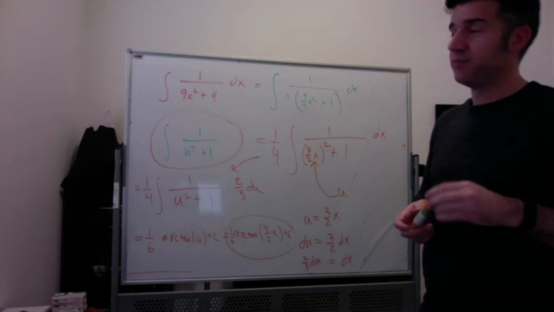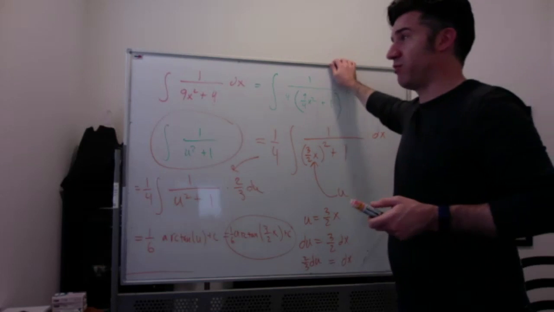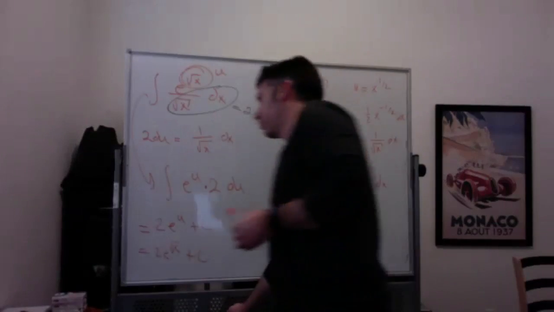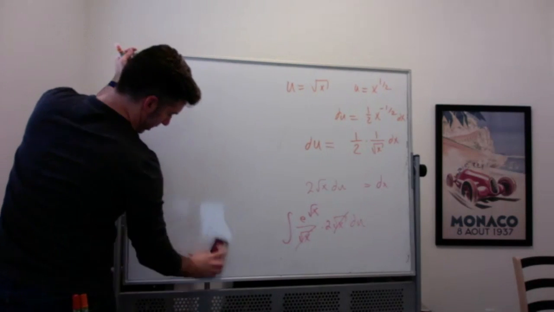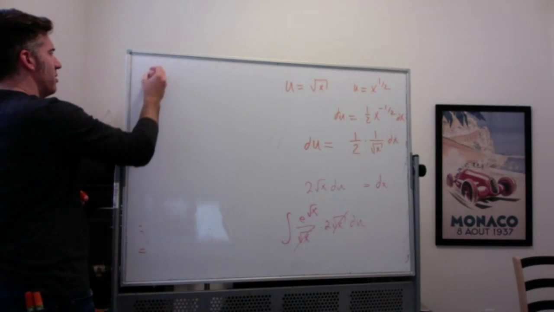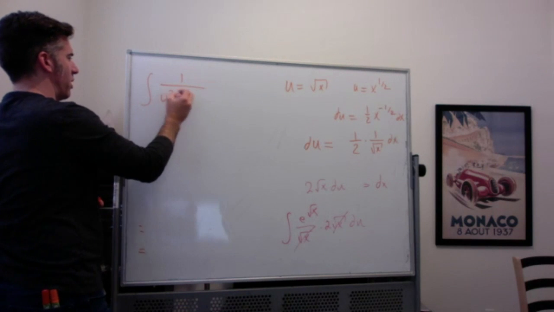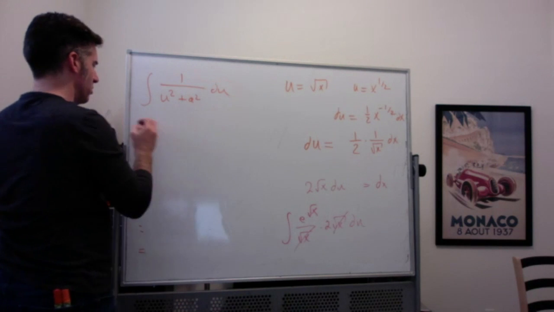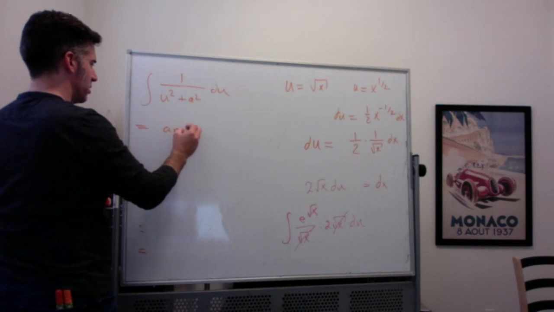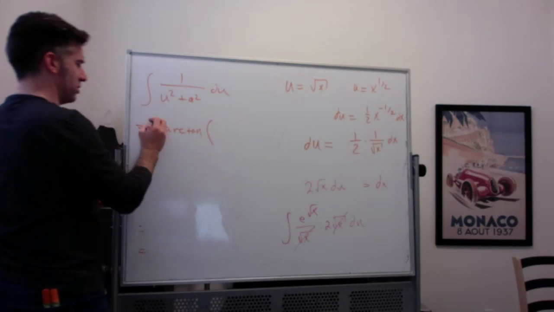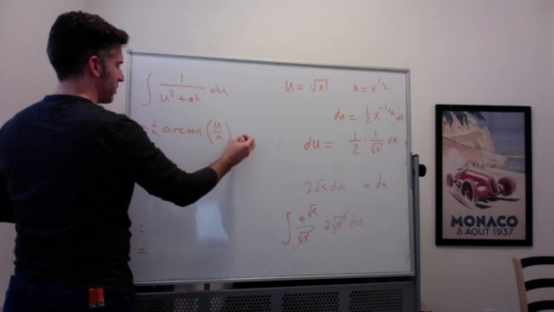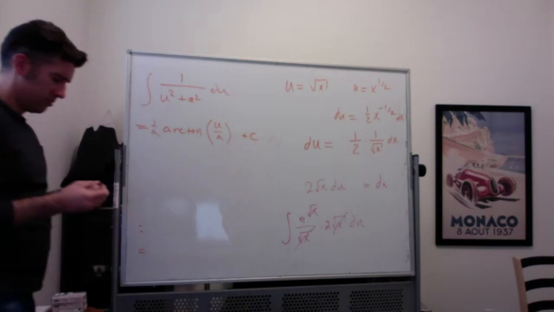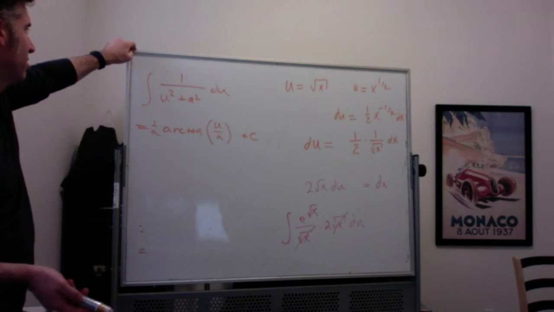I'm pretty sure that most tables for arctangent give you something more like this: the integral of 1 over u squared plus a squared du is equal to 1 over a times the arctangent of u over a plus c.